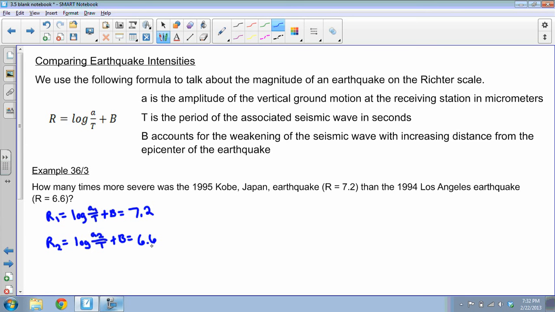We want to know how many times more severe the one in Japan was over the one in Los Angeles, so we are going to subtract these.